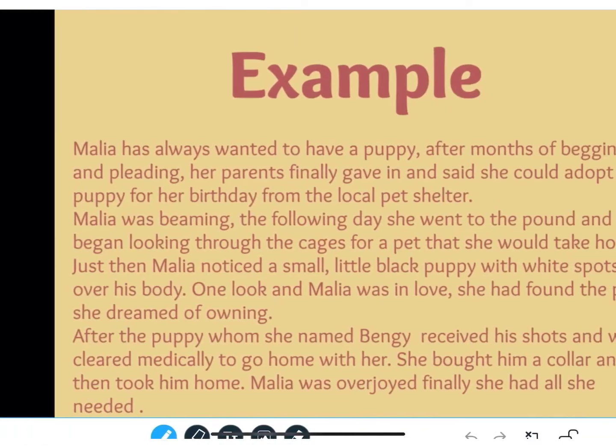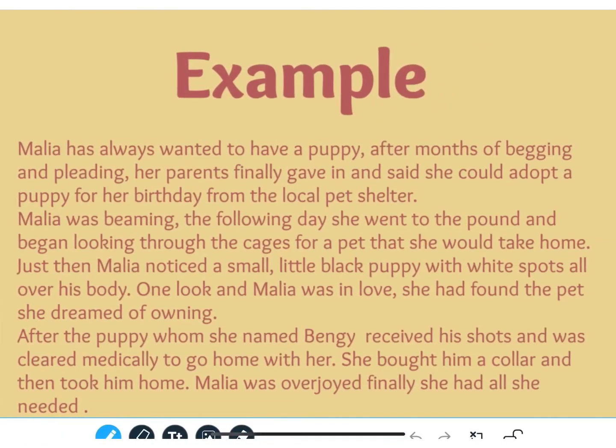Now, let's look at an example of a plot. Here I have a story that I've written for you. It goes, Malia has always wanted to have a puppy. After months of begging and pleading, her parents finally gave in and said that she could adopt a puppy for her birthday from the local pet shelter.